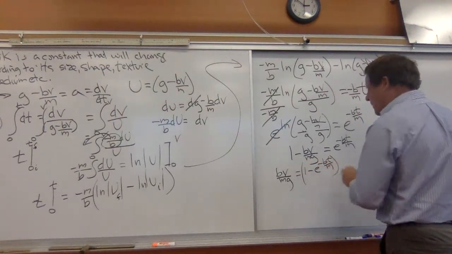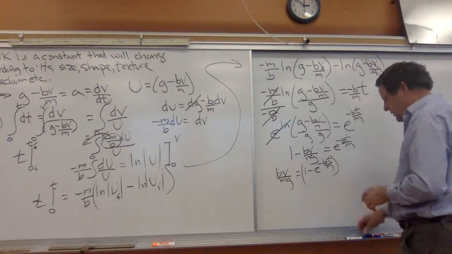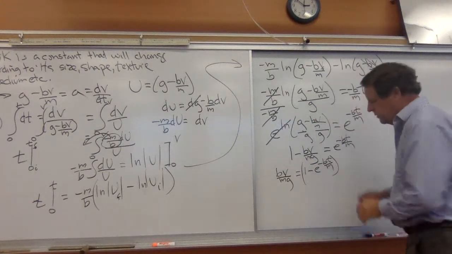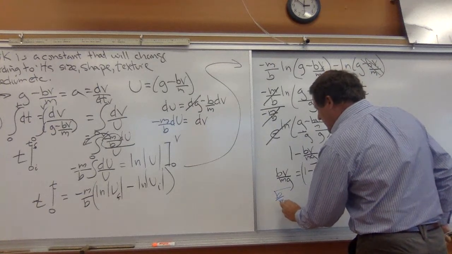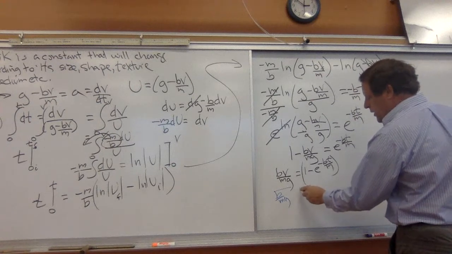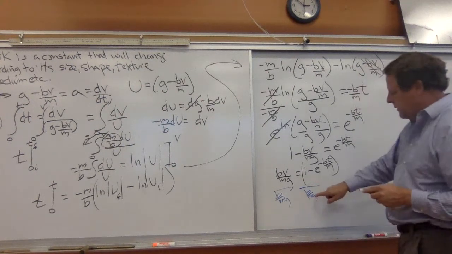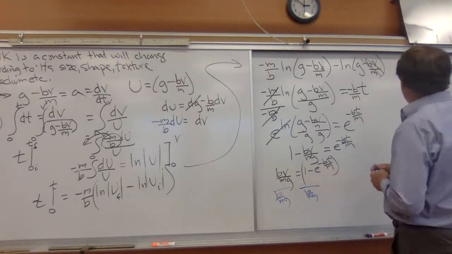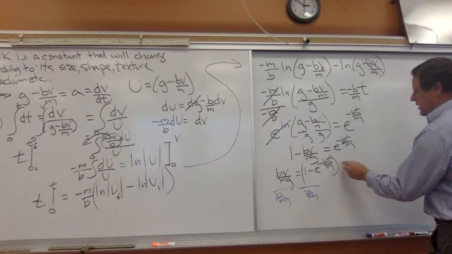Now we're going to divide by b over mg, and remember, dividing by that is the same as multiplying by the reciprocal.